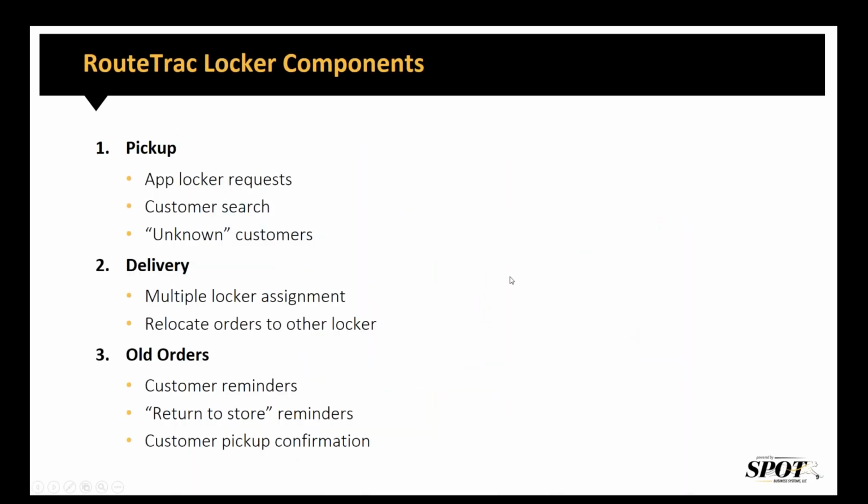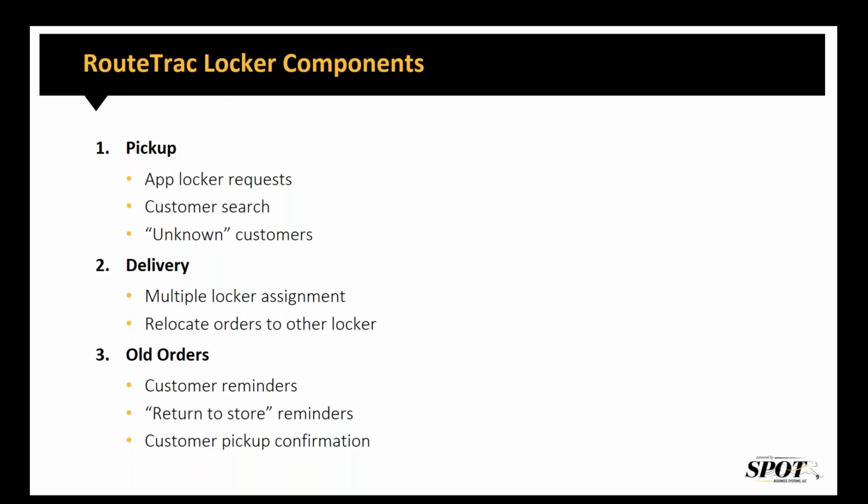The pickup tab that we just looked at is what handles the app locker requests, the customer search, and unknown customers processing. The delivery tab creates the multiple locker assignment process because you are able to spread out delivery between many different lockers. It could be a very big order. You have 5 bags to deliver, and the lockers are not huge, so you can't just cram 5 bags inside of one.